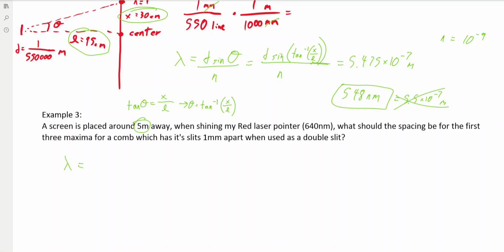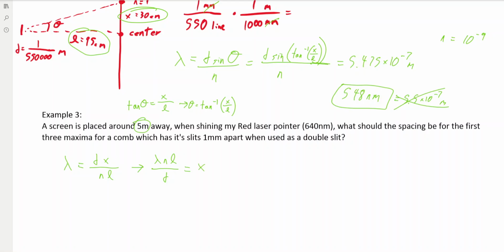The formula is XL. There you go. That is the formula, small angle approximation. We're going to rearrange and solve for the spacing between the maxima. So X, which means we're going to move N and L and D over.